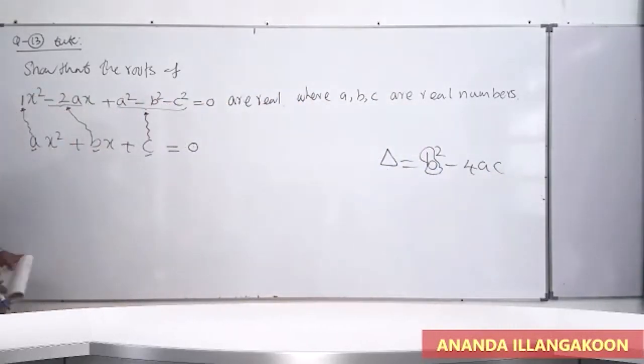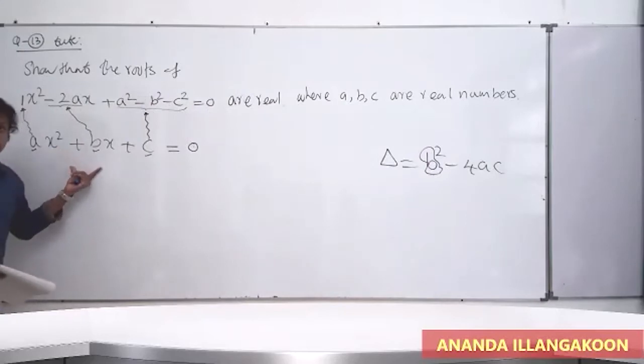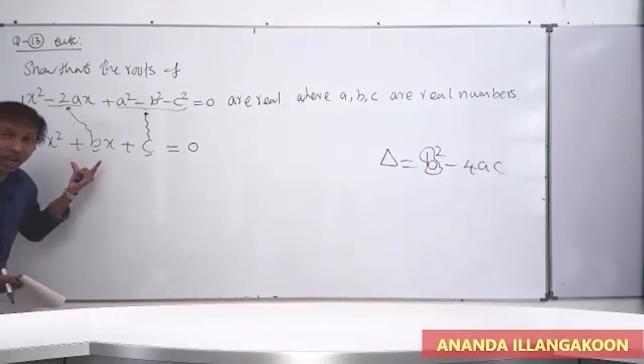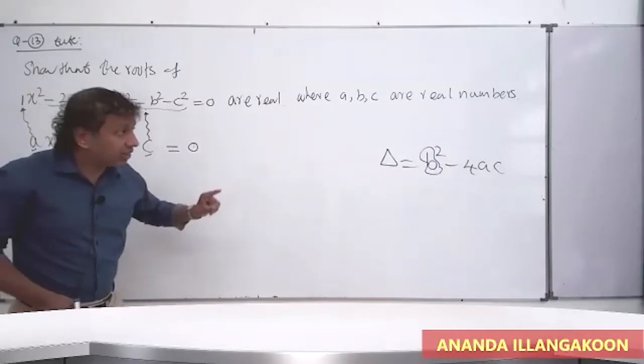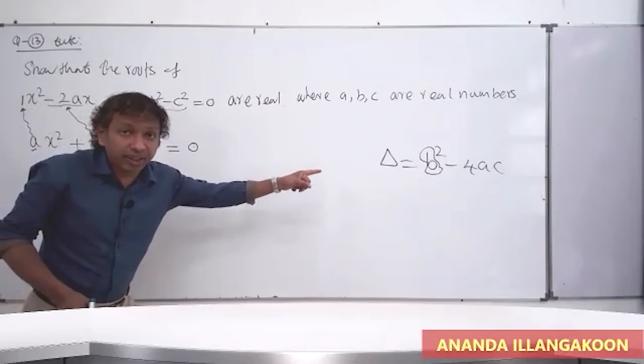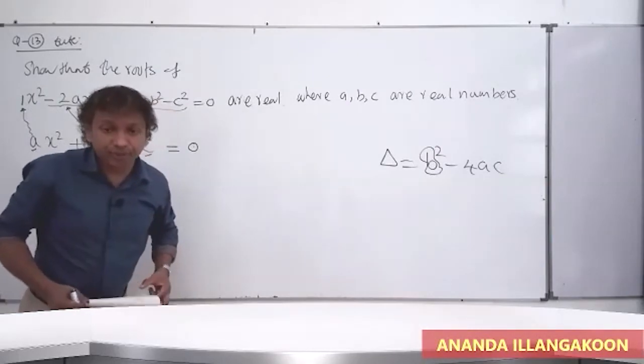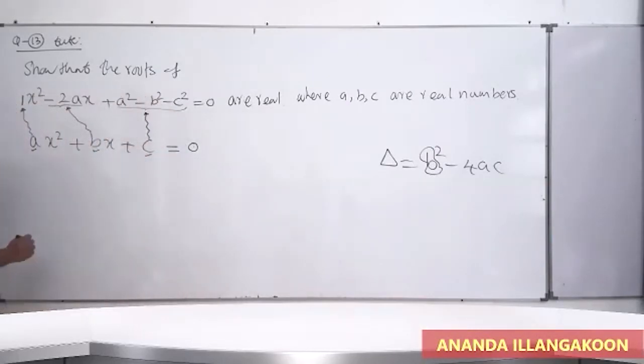So, comparing with the standard quadratic equation, we have now determined the a, b, c values to write the next step, the discriminant. Understood? So by comparing like this, for the place of a we have 1 here. For the place of b, what do we have? b is minus 2a.